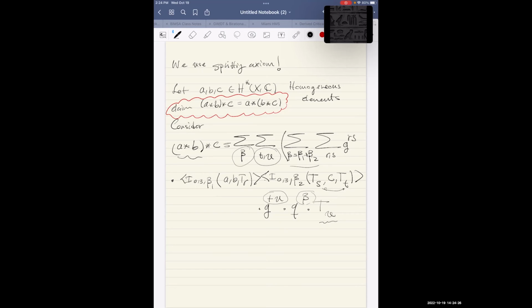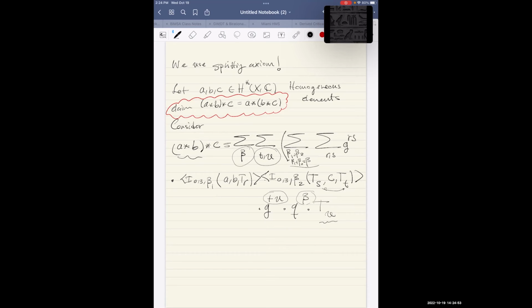Satisfying that condition, exactly. That's right. Good question. Such that beta 1 plus beta 2 is equal to beta. Exactly. So if you open it up, this is exactly what you will get. All right, so that's that.